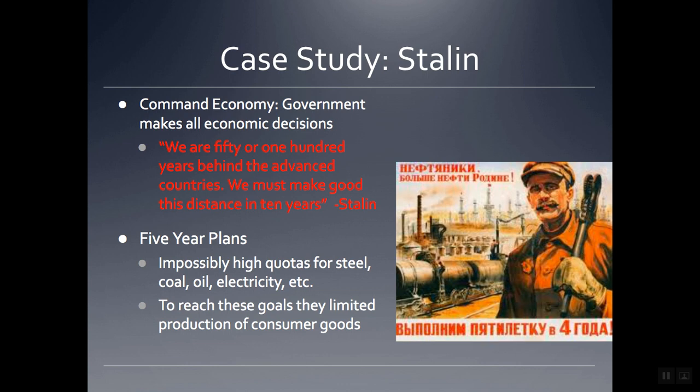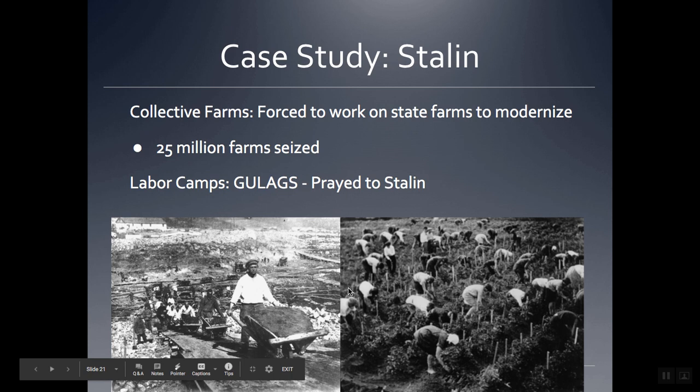That's where so many people in Russia died of starvation, because they were not getting these consumer goods that they needed. And in order to get all those resources, and this is part of the communism in Russia, the government was able to collectivize and form these collective farms.